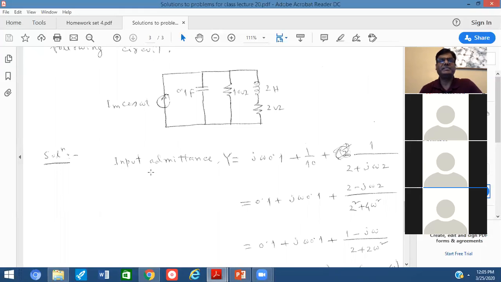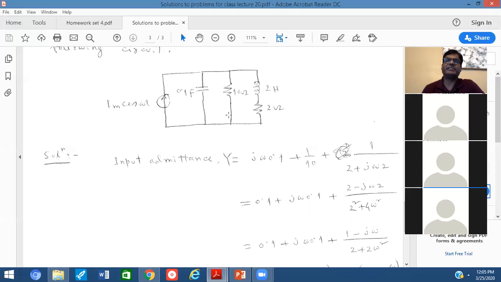I did input admittance. This means I am calculating Y. Look at the first term, I have written j omega 0.1. Now look at the circuit, because the capacitor value is 0.1 farad, and I am writing the admittance Y. For capacitance, impedance is 1 over j omega C, so admittance is j omega C. So j omega and then C value.